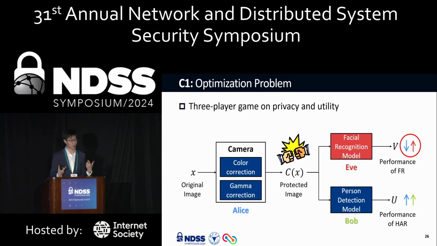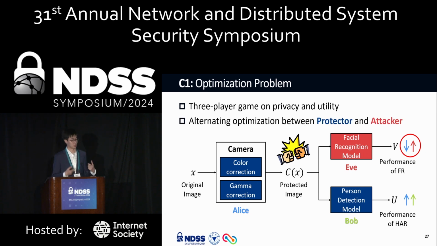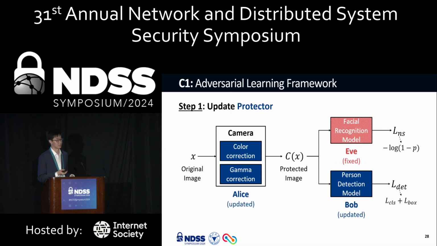But there is an issue: Alice and Eve have conflicting goals for facial recognition, and therefore cannot be optimized together. To address this issue, we propose an adversarial learning framework for alternating optimization between protector and attacker. In the adversarial learning framework, the optimization process is divided into two steps. Step one is to update the protectors, Alice and Bob, while the attacker, Eve, remains fixed.